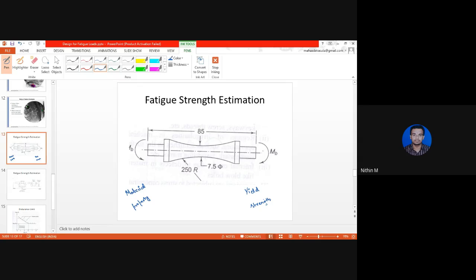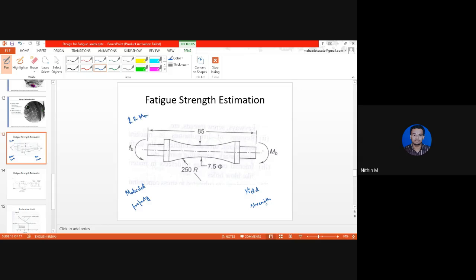Now similarly, when the component is subjected to a dynamic force, when the component is subjected to a fatigue load, it becomes necessary to determine the strength of the material when it is subjected to fatigue loading. So there was a scientist called R.R. Moore.